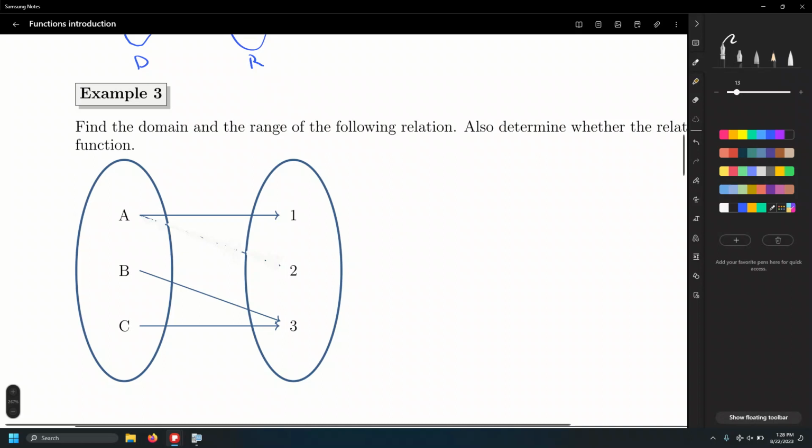Exactly. So if we compare this to a real life example, definitely we cannot be in two different places at the same time. But can we be in the same place at two different times? Yes, you can come here in the morning to take Math 119, statistics, and then come at 12:45 to take trigonometry.